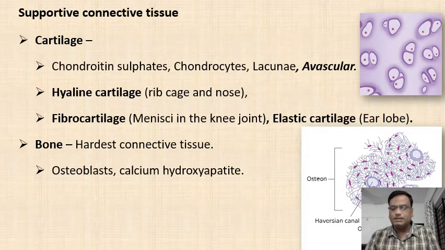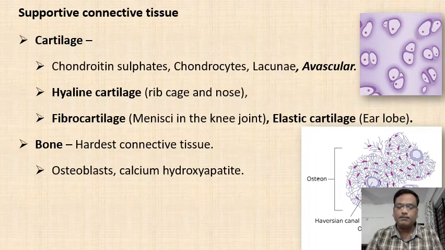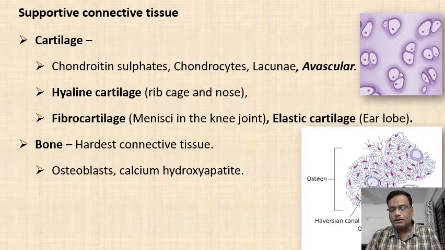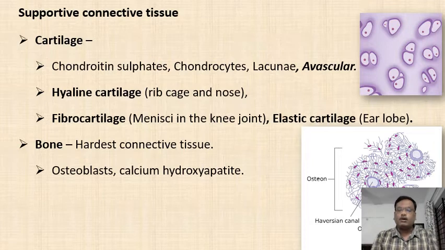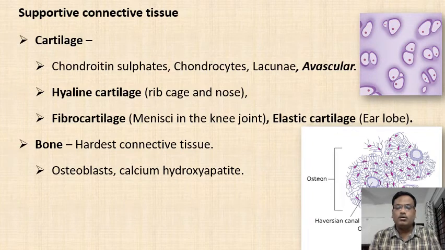Now cartilage and bone, of course, are part of the endoskeleton. And if you remember, in Pisces, there are two classes. One is Chondrichthyes and another one is Osteichthyes. Chondrichthyes we commonly call cartilage fishes, like sharks, rays, etc. So the whole body is mainly made up of cartilage and no bone in those animals.